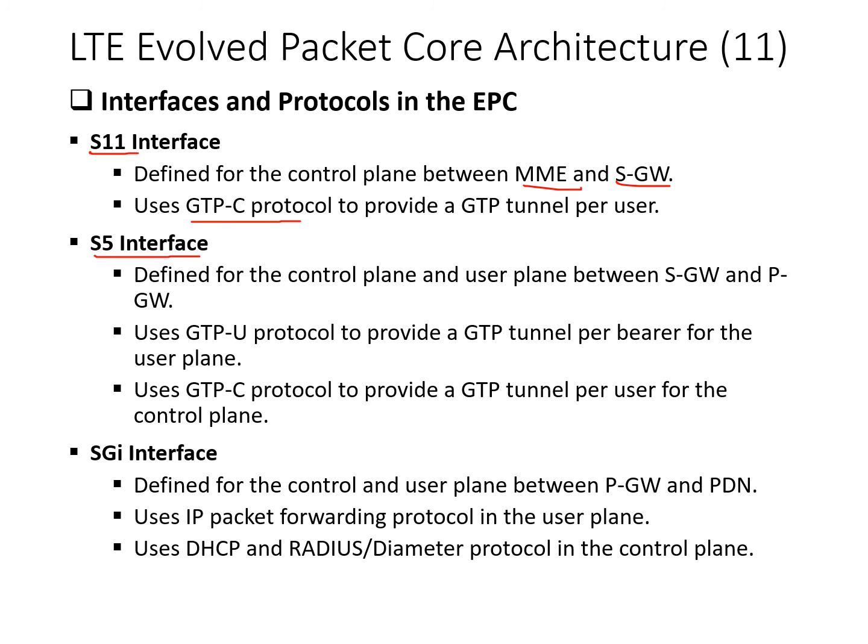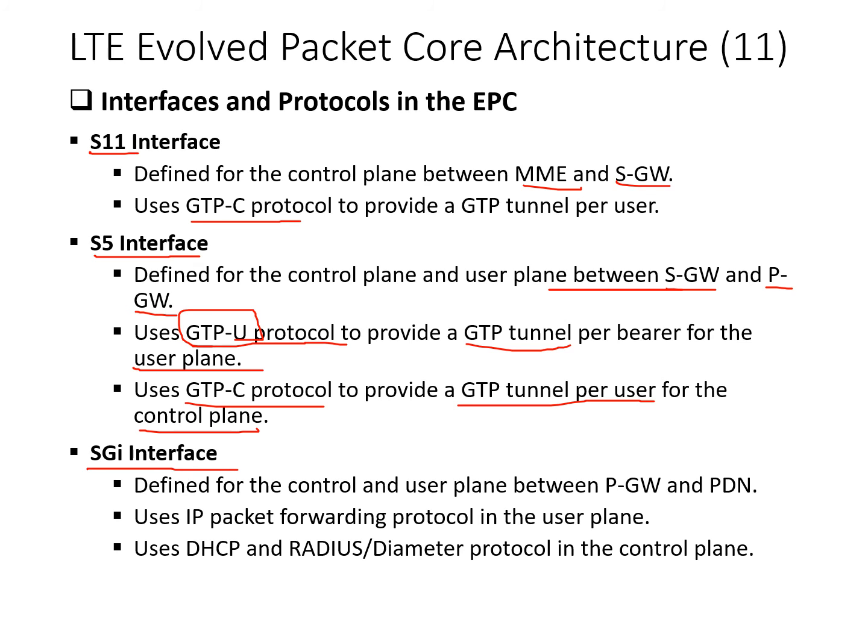This is defined for control plane and the user plane between serving gateway and the PDN gateway. This provides GTP-U protocol to provide GTP tunnel per bearer for the user plane, and GTP-C protocol to provide GTP tunnel per user for control plane. This is for data plane.